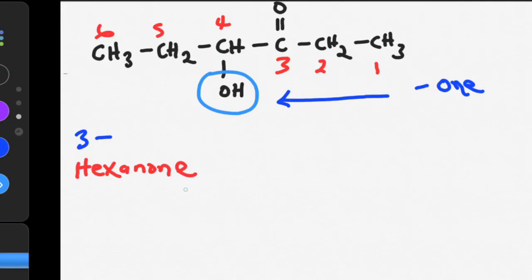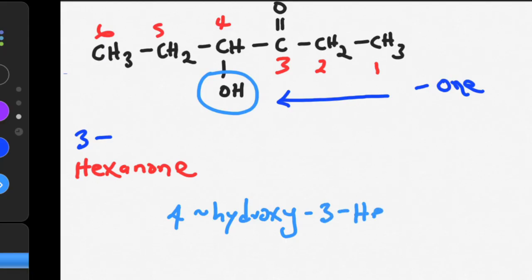It's going to serve as substituent this time around, and if you can see, it's on the 4th carbon, right? So to name this compound, we are going to say 4-hydroxy, right? Then this is 3-hexanone, so we're going to have 4-hydroxy-3-hexanone. Can you see that?